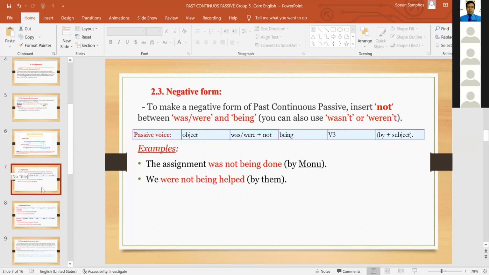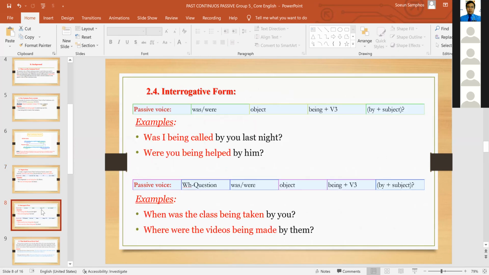And question: was/were plus object or subject plus being plus verb 3 and plus agent. And WH question is: WH word plus was/were plus object or subject plus being plus verb 3 and plus agent, question mark.